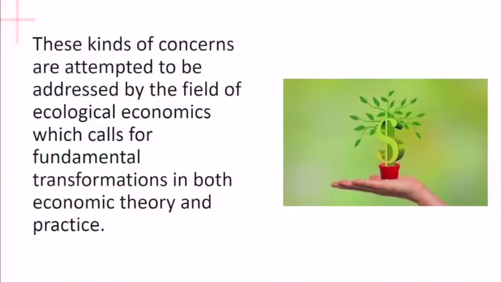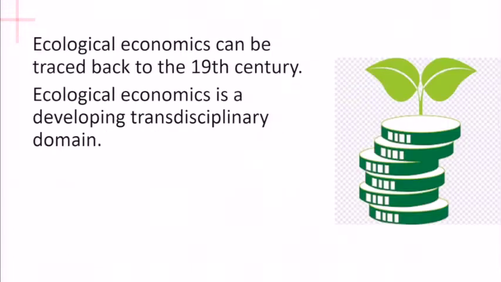For this, we need to understand the underlying factors, the interlinkages, the study of the cost and benefit relating to the ecosystem in the society is the need of the hour. These kinds of concerns are attempted to be addressed in the field of ecological economics. This calls for fundamental transformations in how we perceive economic theory and put it into practice.